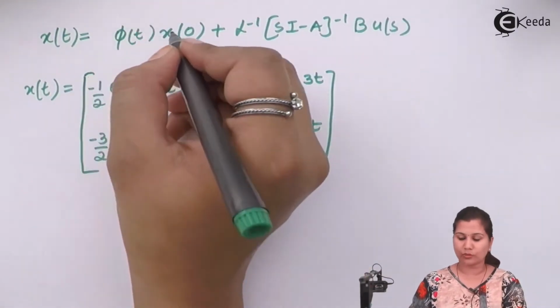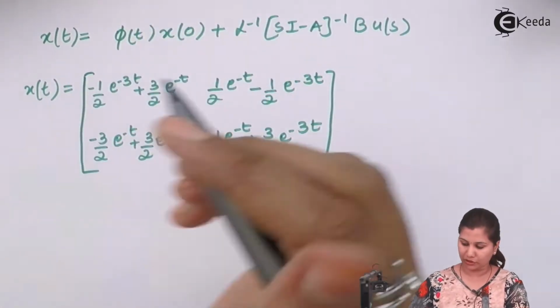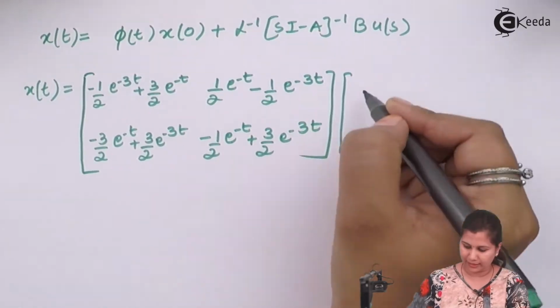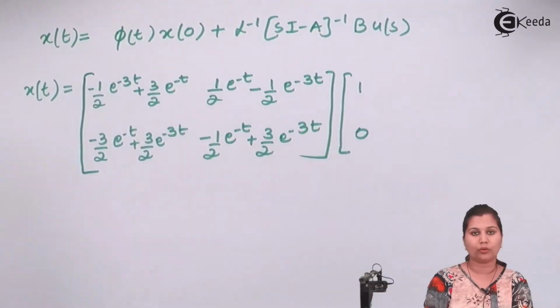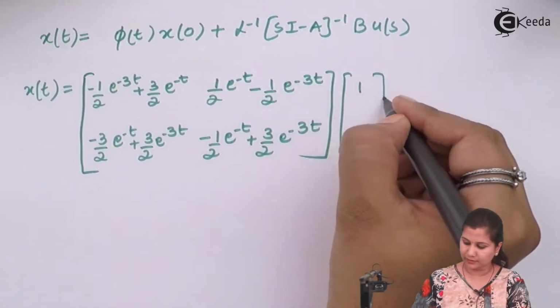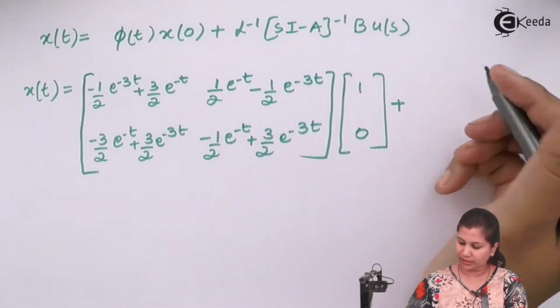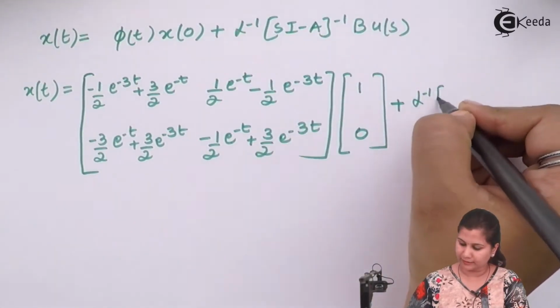Now this x0, it is the initial state vector and its value is given to us in the question. It is [1, 0]. Okay, so this value is given to us and this we have already calculated. So we will just write it here.